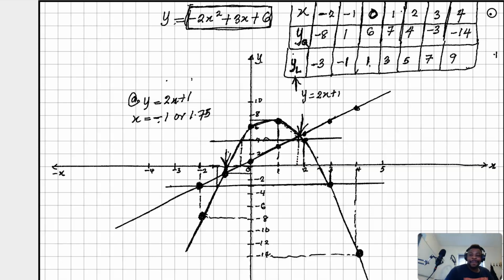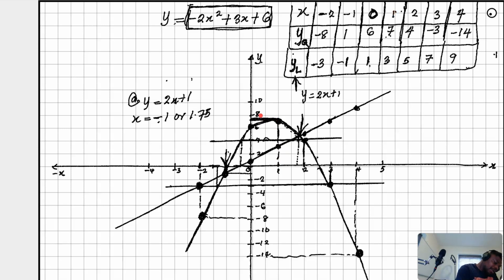Easy. Now, in this question also, they can tell you what is the maximum value of y, or maximum value of the function. You already know the maximum value is the highest value of y here. Okay? So which is what here? At x equals 1, y is 7.